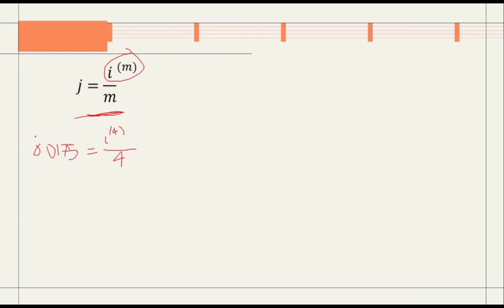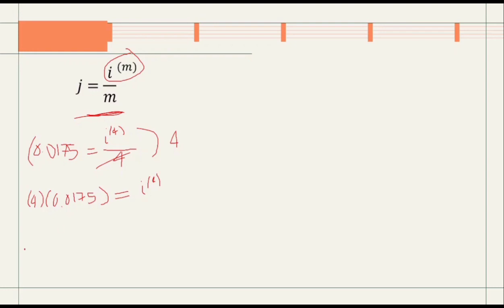And then the next thing we're going to do is multiply both sides by 4 to eliminate this one. So this will be cancelled. And then what's left is 4 times 0.0175 equal to I raised to 4.